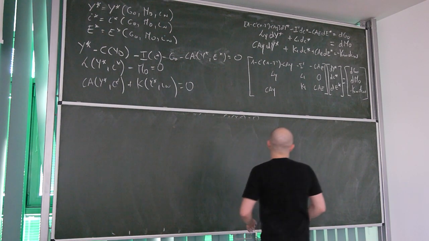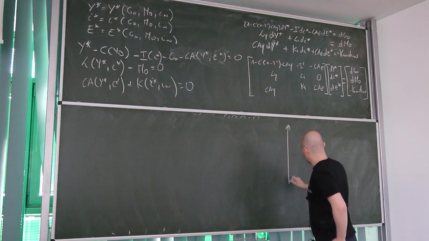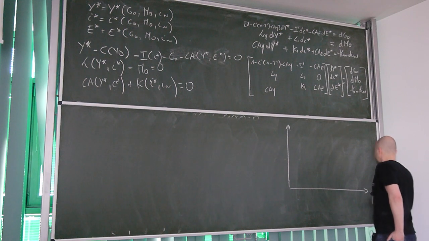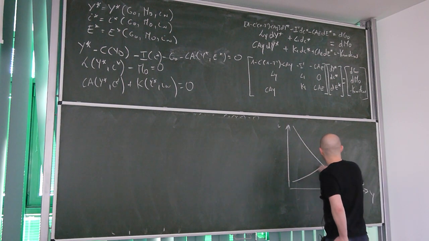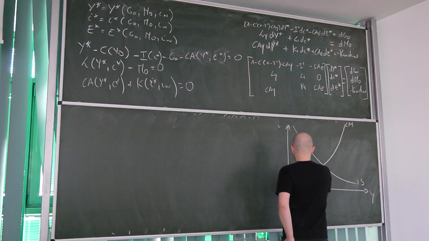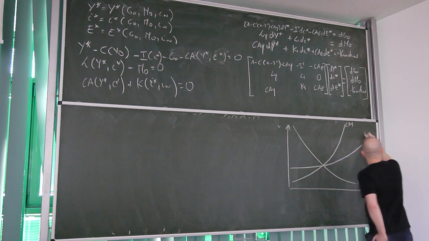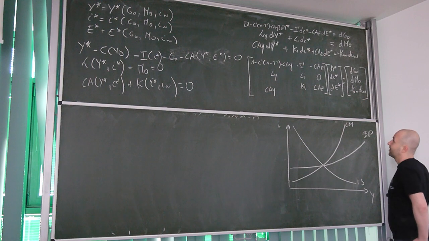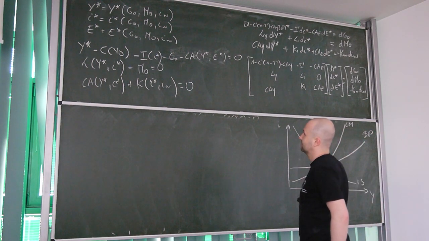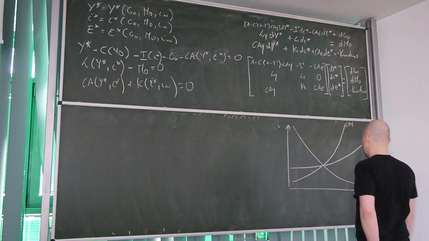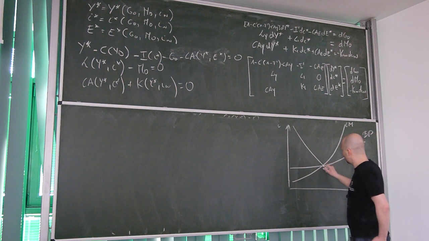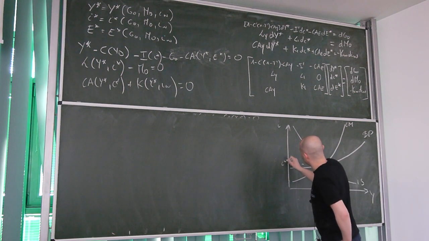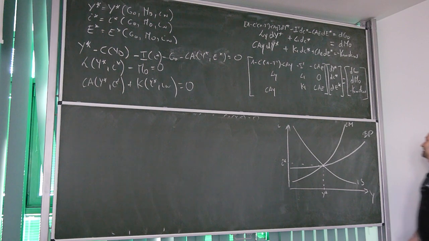Firstly, we've learned that the slope of IS is negative, that the slope of LM is positive, and that the slope of BP is also positive. But because the Jacobian did not vanish, so Jacobian is different than 0, we can be sure that equilibrium solutions do exist.